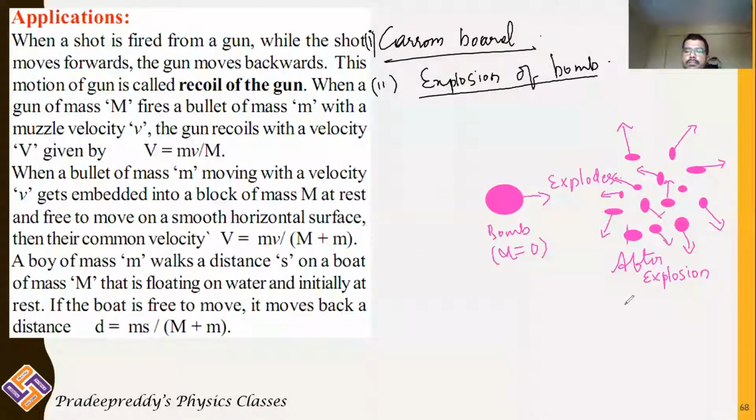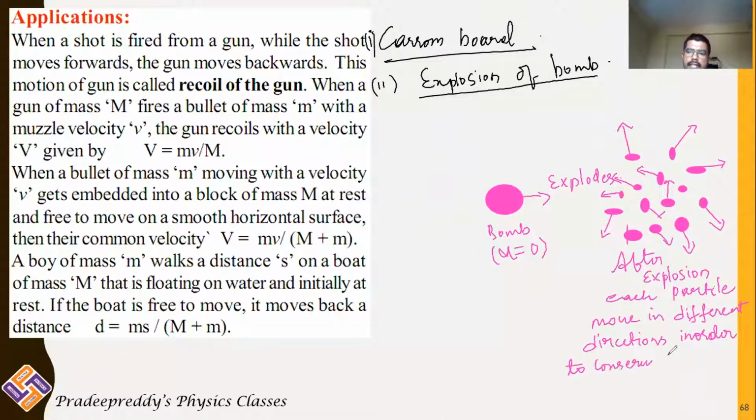So after explosion, each particle moves in different directions in order to conserve linear momentum. In order to conserve linear momentum, all these particles will be moving in different directions.